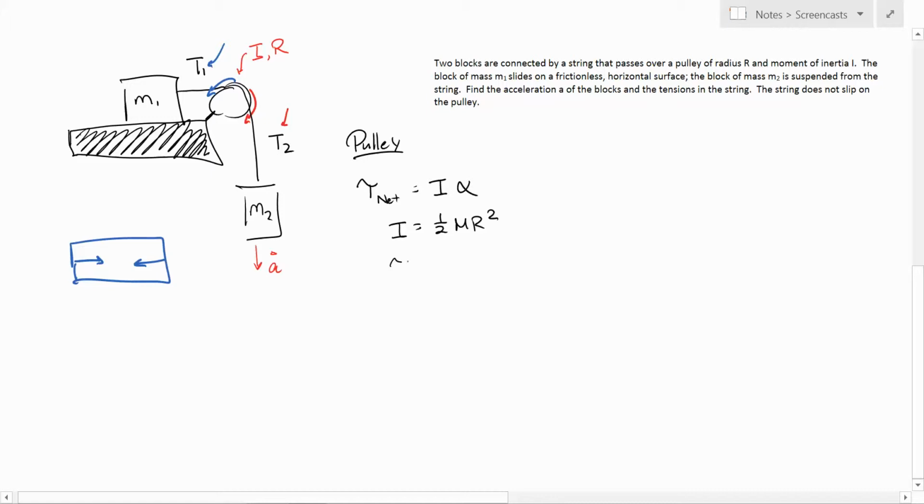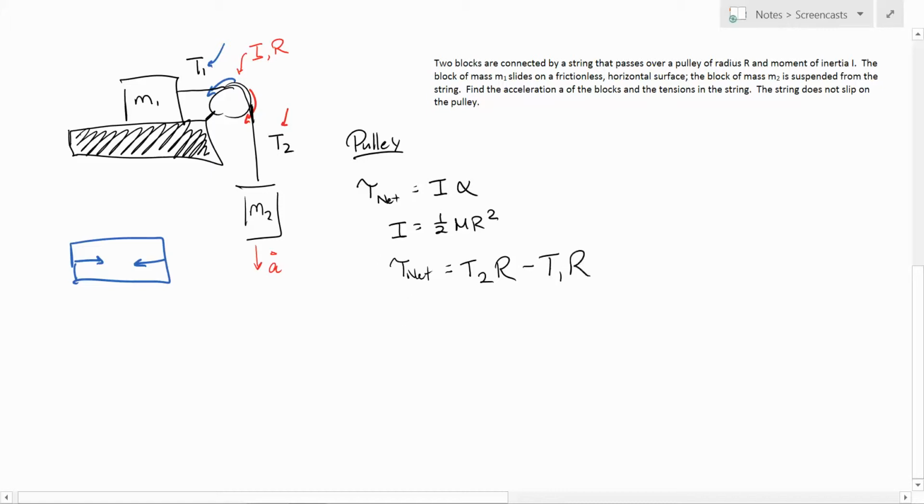The net torque, in this case, is going to look like T2. We know that the pulley's radius is R. And it's going to be acting, so we can think of this as connected in such a way as to make it perpendicular. Just kind of go with it.